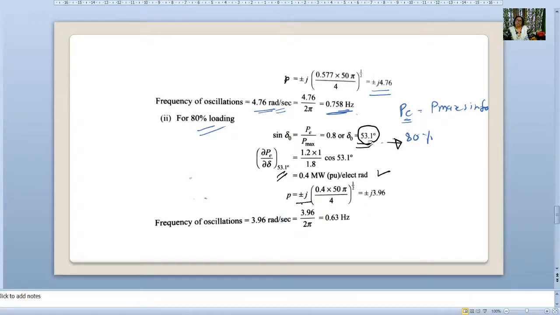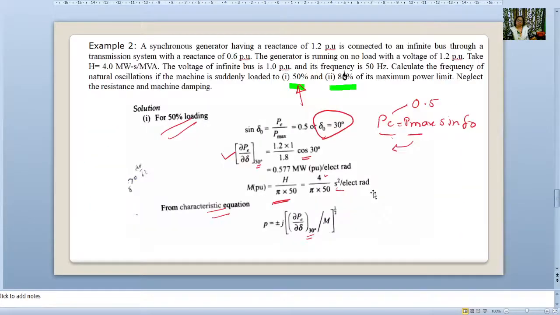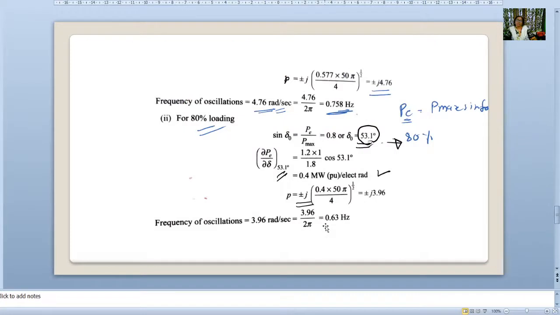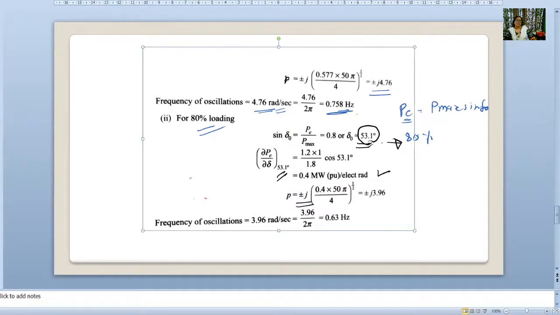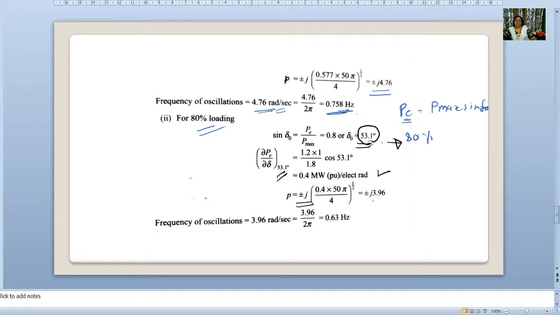Now using the characteristic equation, del P upon del delta at 53 degrees upon M, if you put values, you will get j 3.96 radian per second. We convert it into hertz by dividing by 2 pi.